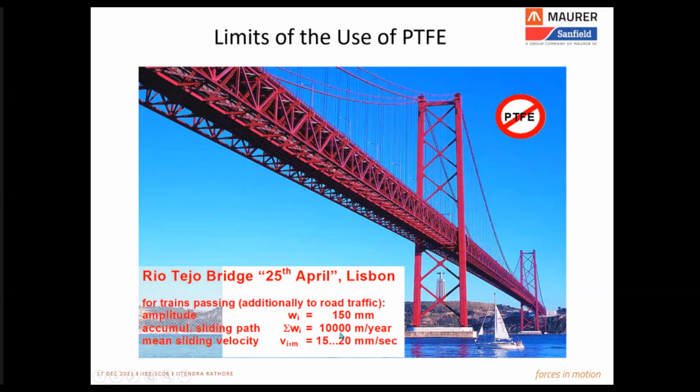When we accumulate this high movement over the number of trains passing in a day and the number of days in a year, the movement requirement was going up to 10,000 meters a year. It is very difficult to imagine, but a bearing, whenever we see it, looks like it is just sitting in place.